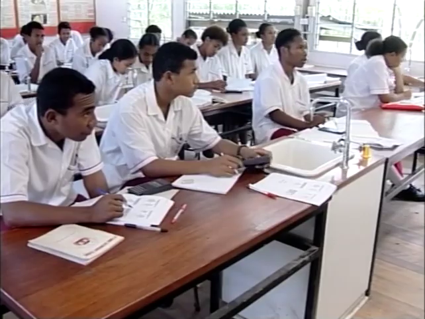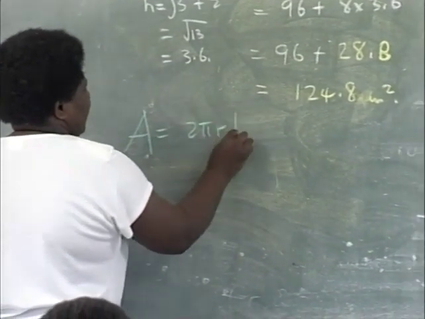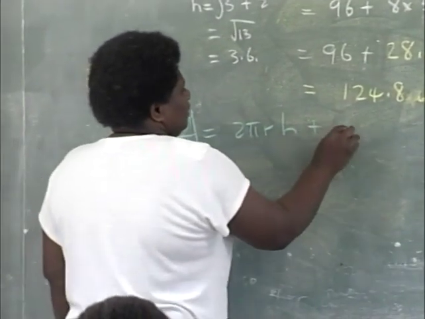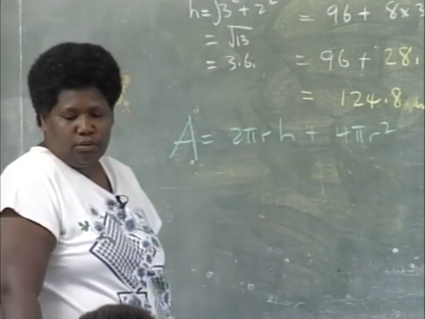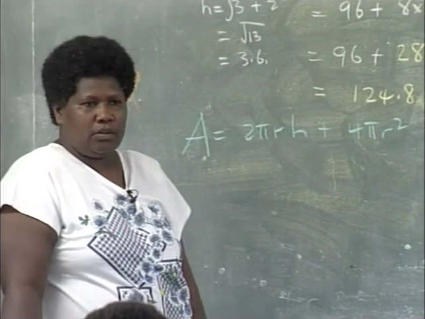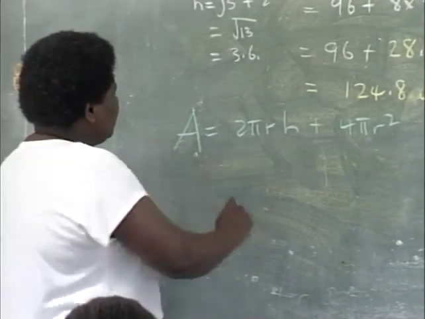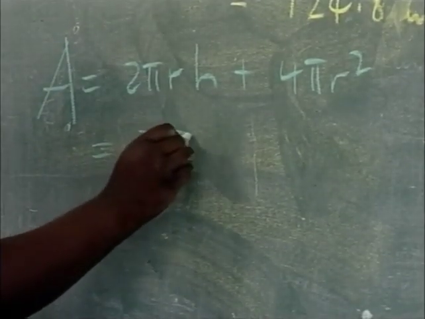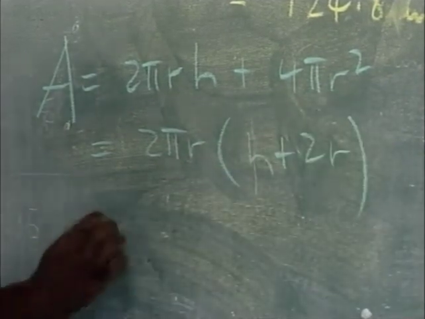Okay, no white chalk. Area is equal to 2 pi r h plus 4 pi r squared. Because it's got 2 hemispherical ends, I just made that 1. So it's 1 hemisphere plus the curved surface of a cylinder, because that's what it says. So it's 2 pi r h plus 2r.